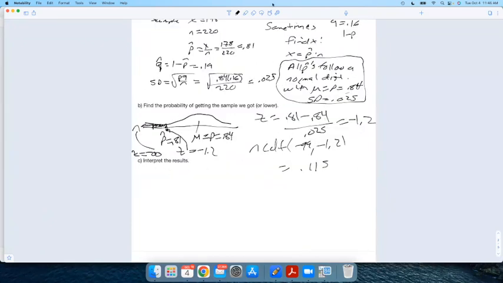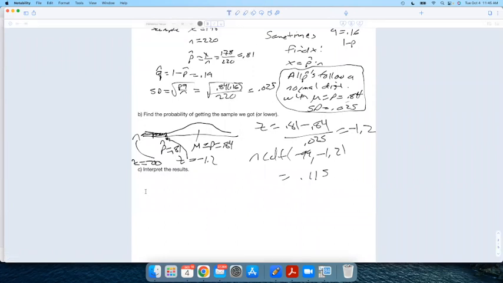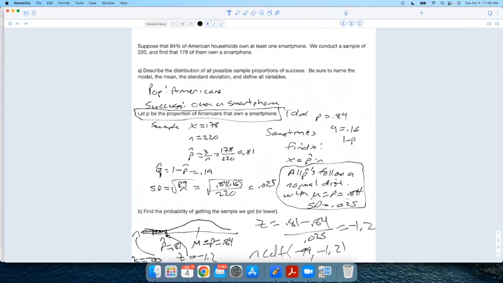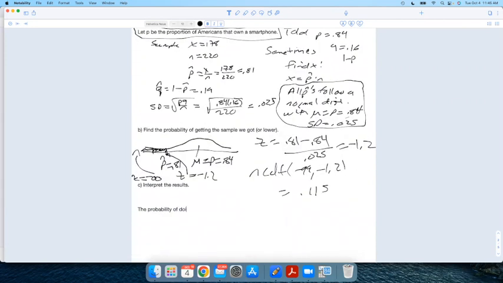This is still part of that. Word problems have word answers. The probability of doing a sample of 220 Americans and getting less than 81% have a cell phone, or a smartphone, I guess specifically, is 11.5%.